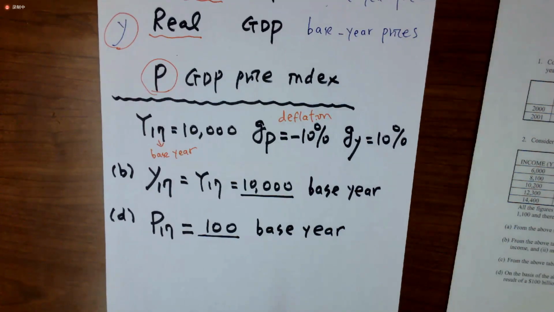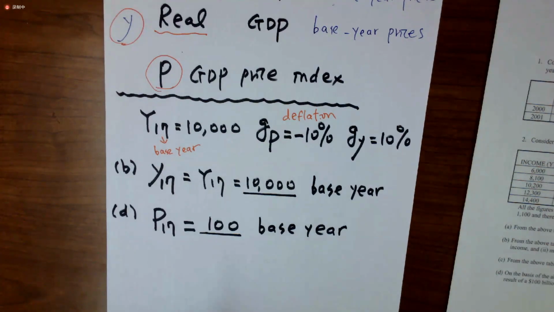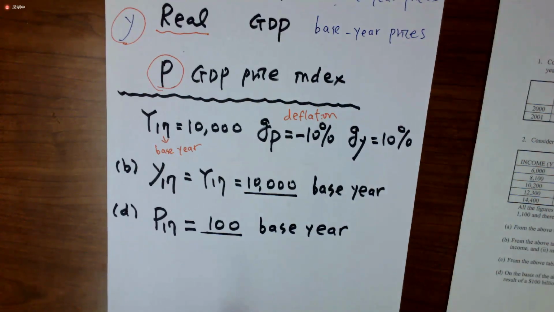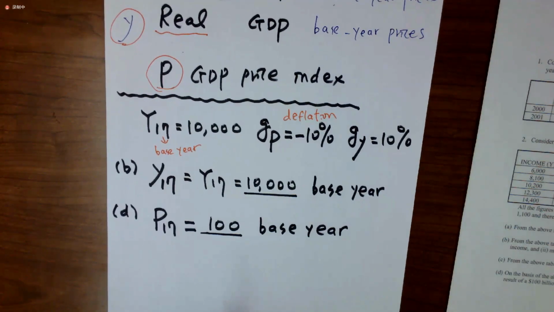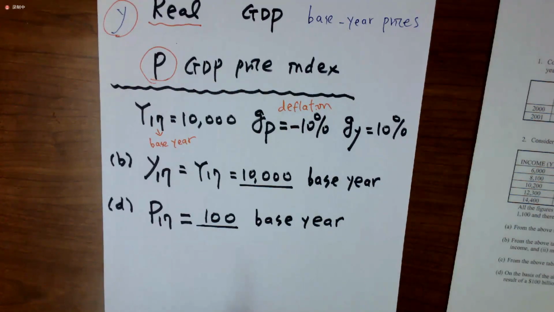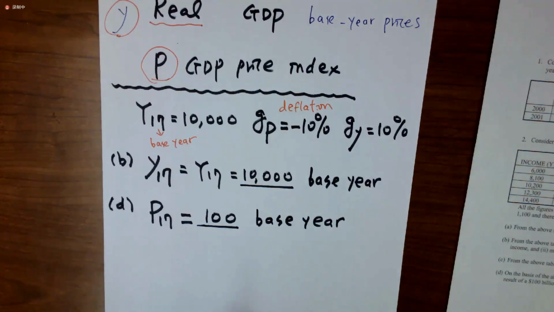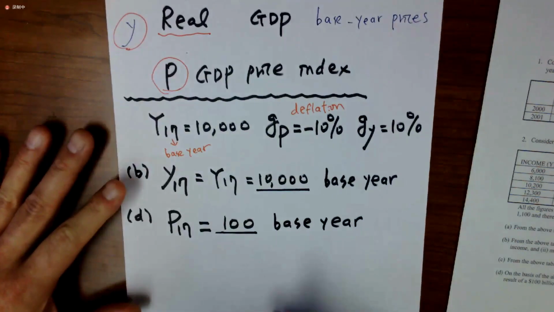Any objection to that? Because once you are done with B and D, you can do either part E or part C first. So which one do you want me to do first? E is usually good. That's what I did. You want to do E first. Fine, let's do E first.